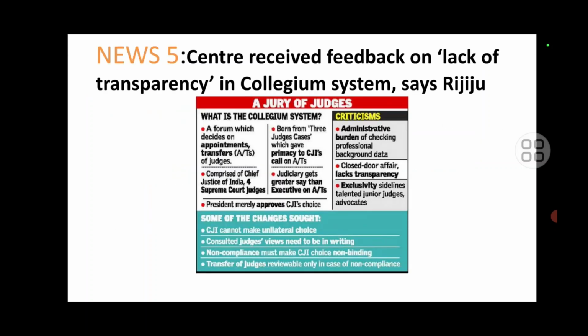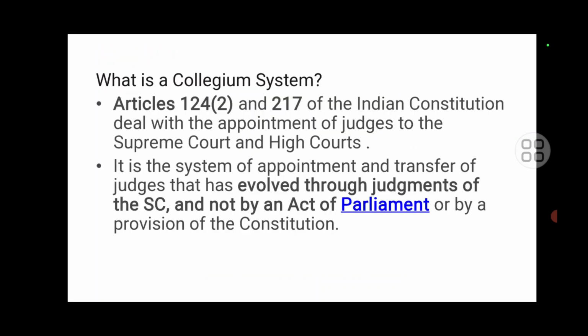The next news is again the collegium system. Recently we have already seen the collegium system in detail. Again it is in the news, so you may definitely expect a question on the appointment of judges this year for prelims. Centre received feedback on lack of transparency in the collegium system.